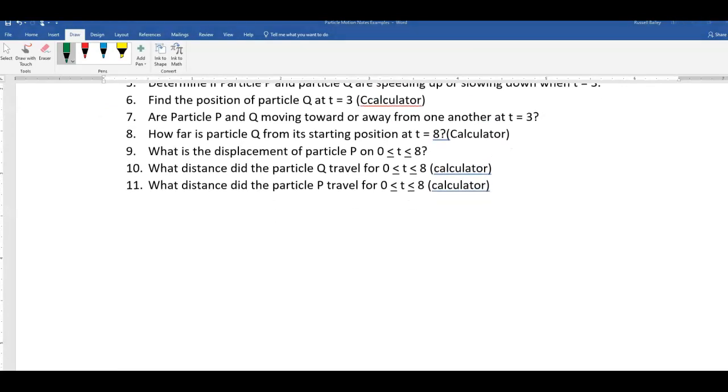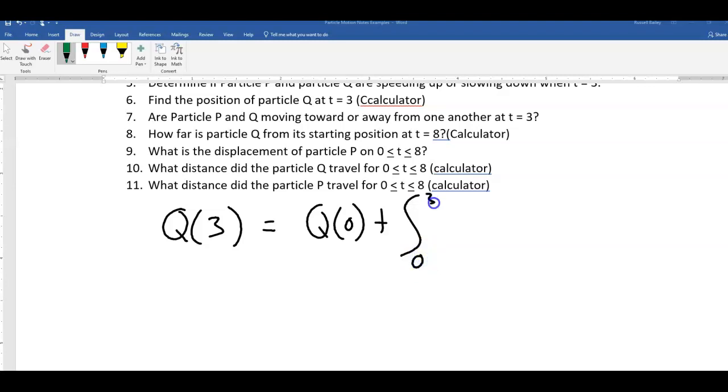The position of particle Q, we'll just call it Q, at 3 seconds is equal to its initial position plus the integral from 0 to our final time of its velocity. And so I'm just going to be putting that in my calculator.